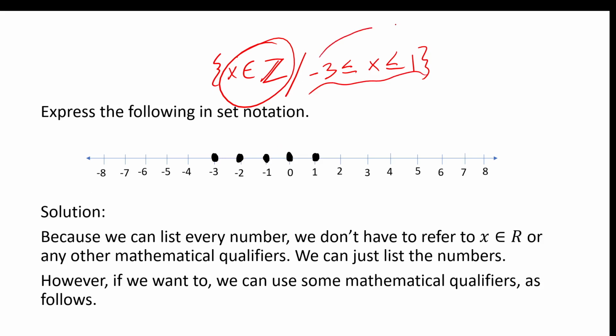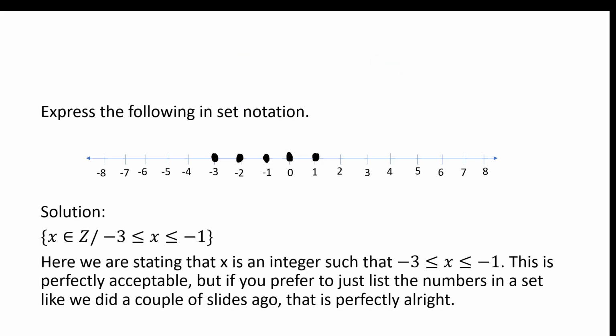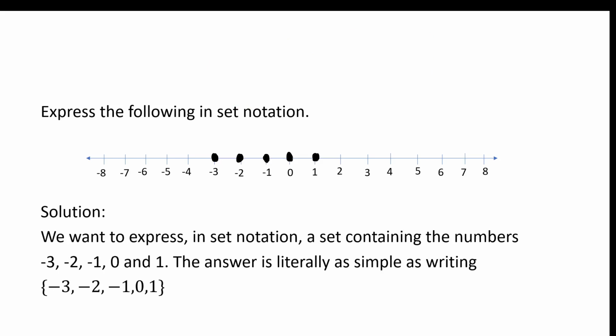We'll talk a little bit more about this format right here. But for purposes of this video, you don't actually have to do it that way. You can simply just list the numbers the way you see at the bottom of the screen. So it's totally sufficient. When there's a finite set of numbers, you can just list them.